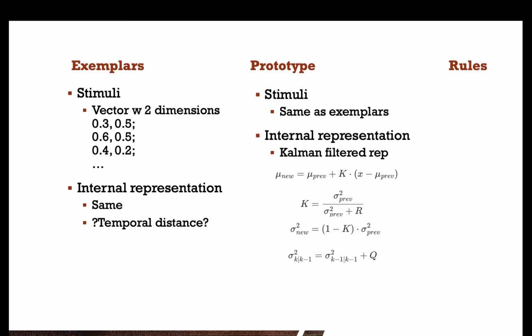Or H greater than 0.5 and P less than 0.2. That would be equal to 1, right? Okay. So now we linearized it.